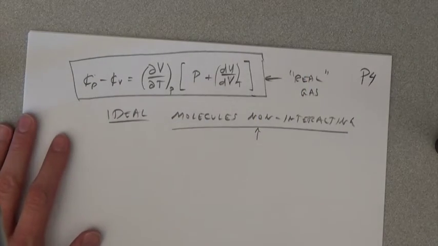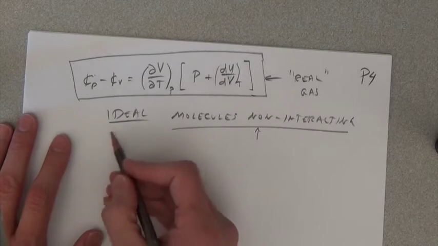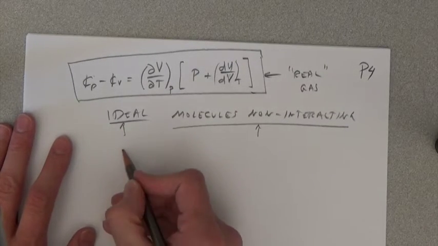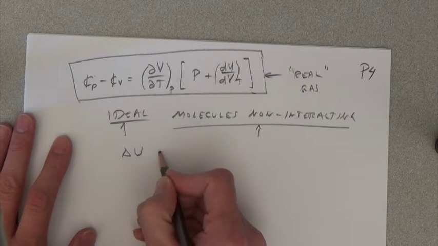And as a result, in the case of an ideal gas, the internal energy only depends on temperature.